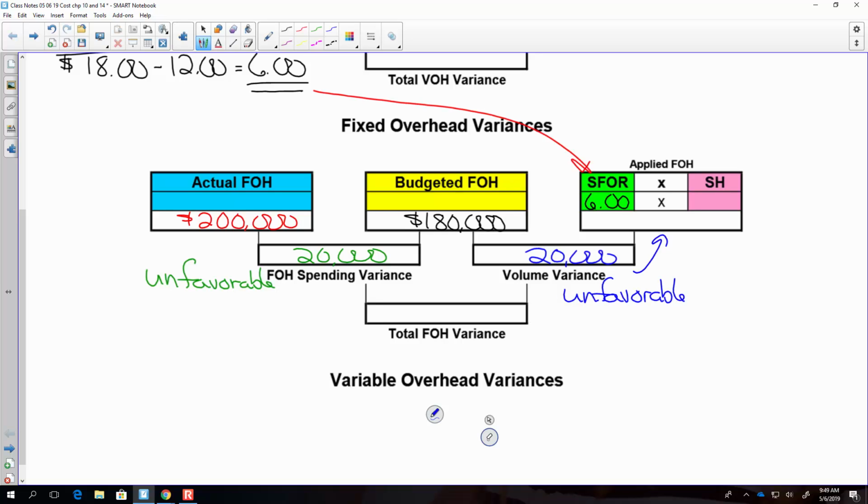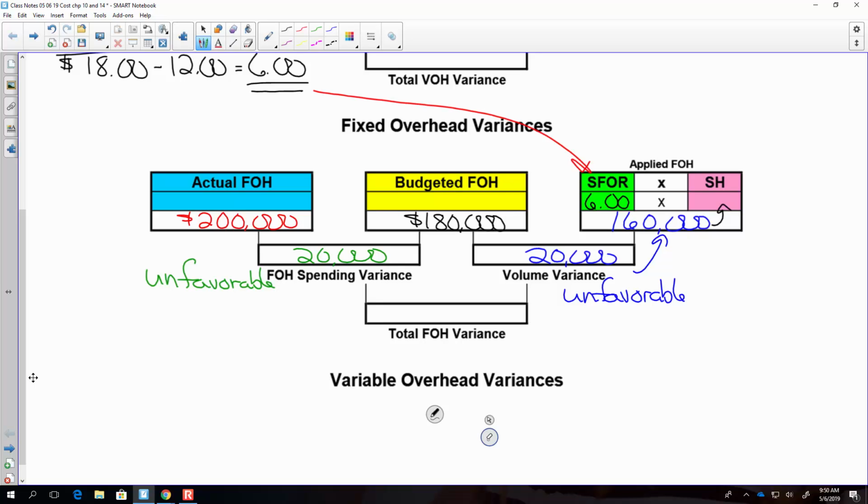So what does that make this box then? 160. 160. And then what does that make this box? I'm going backwards. I don't think it comes out nice, does it?